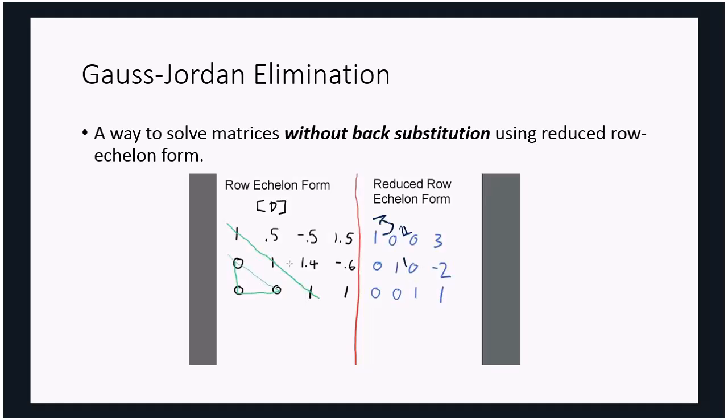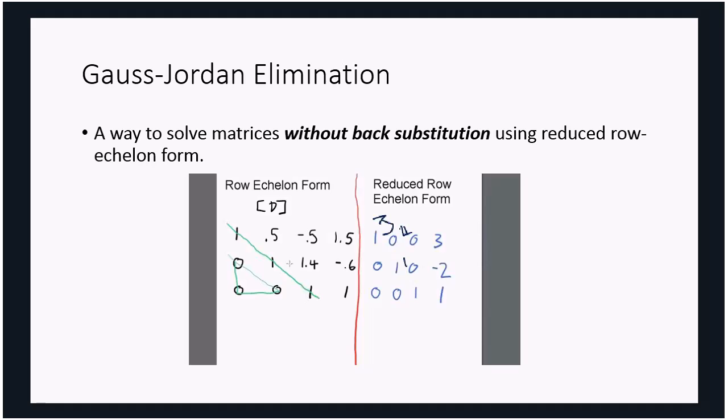So I'll arrow that. Just make a mental note that this 0 here is the next one that you're going to do, and then this 0 here is the fourth position, and then this 0 is the last 0 that you complete to get it into Gauss-Jordan elimination form.